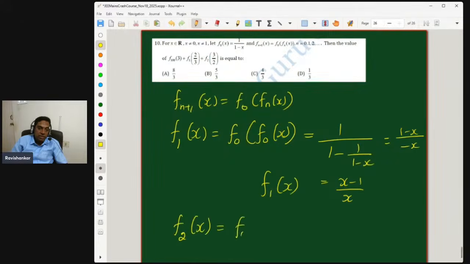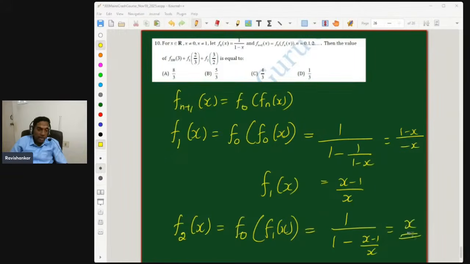f2 of x is f naught of f1 of x, which is 1 by (1 minus (x minus 1) by x). So this is simply x. f2 of x is simply x.